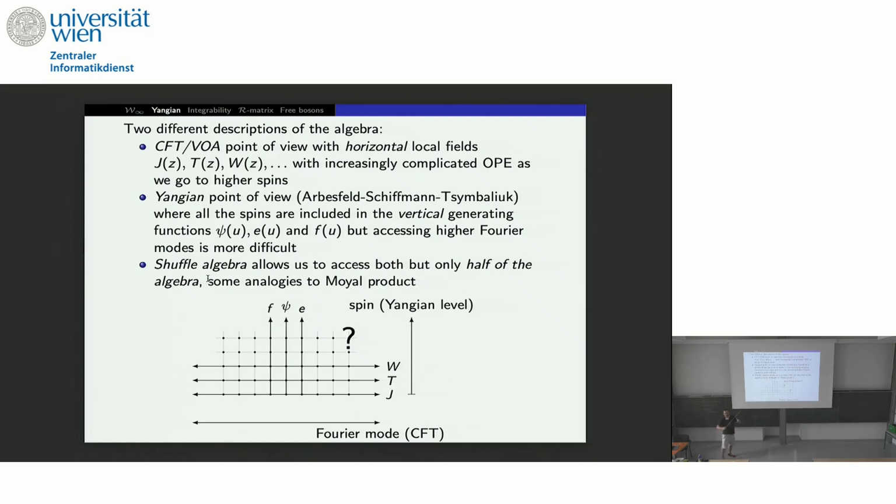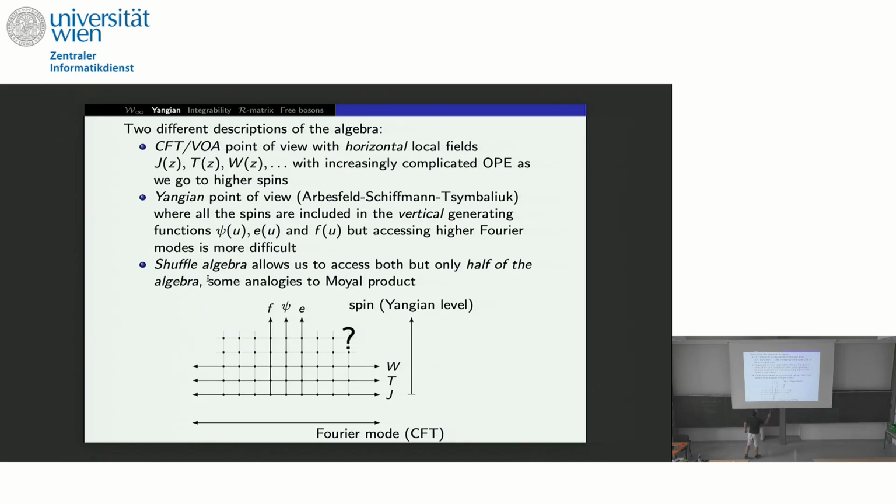Each description focuses on a different aspect of the algebra. But so far, I don't know any satisfactory description which would resum all of it. You can zoom in on one thing or the other, but combining them is a bit more complicated. There is actually a shuffle algebra description of half of the algebra.